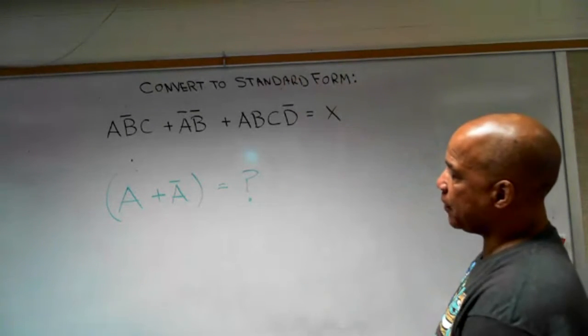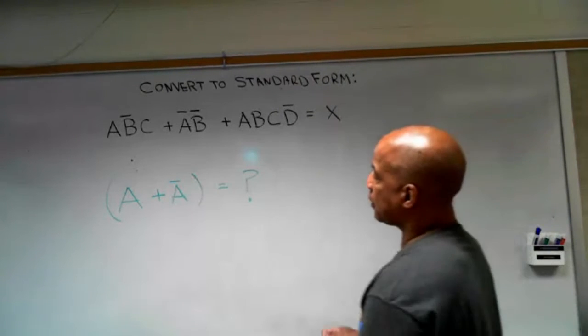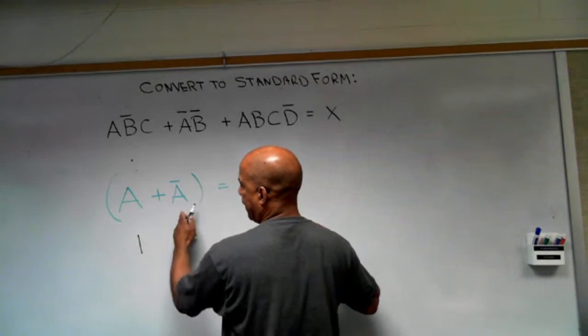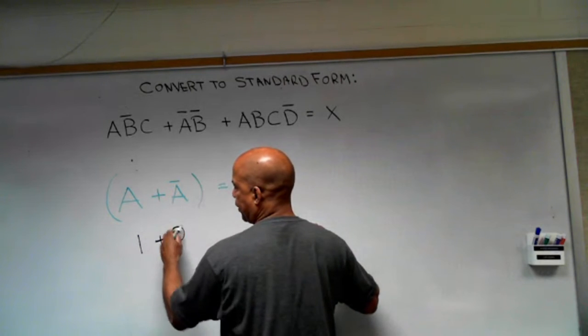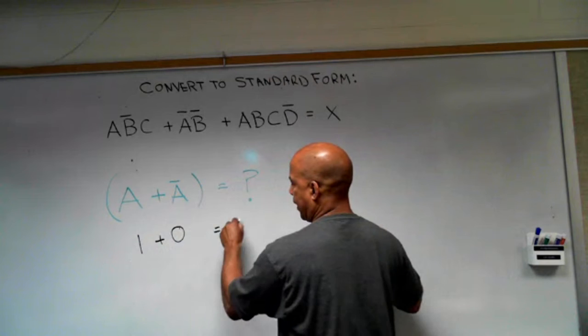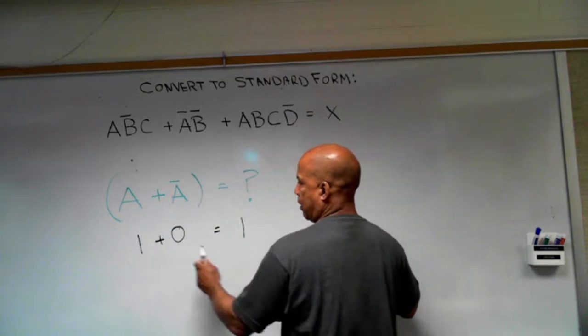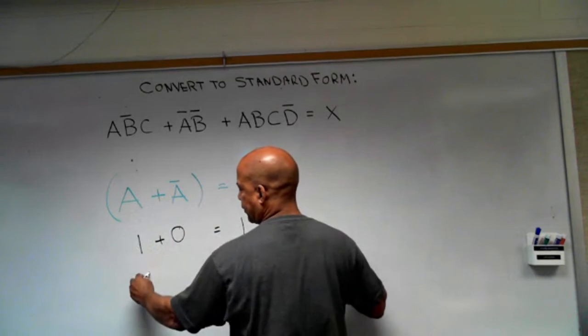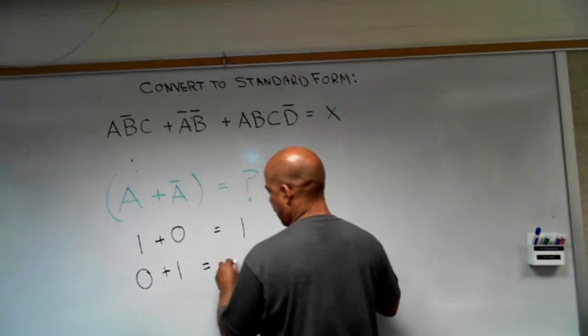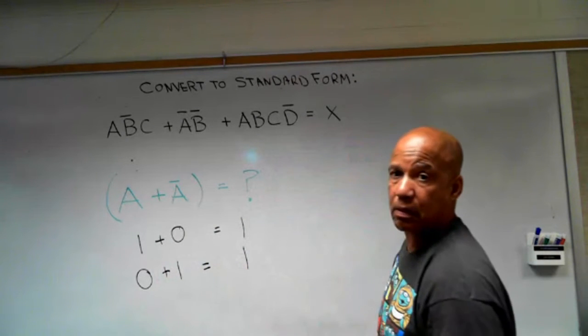A can take on the value of either 1 or 0. So if I let A equal binary 1, that means not A has to be a 0. And a 1, if I OR that with a 0, I get a 1. If I reverse it, if A is a 0, that means the complement of A is a 1, and I'll get a 1 back either way.